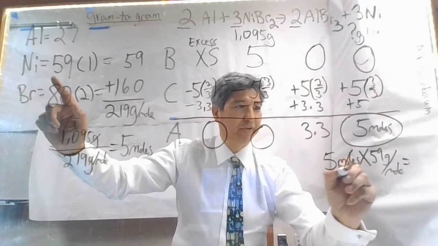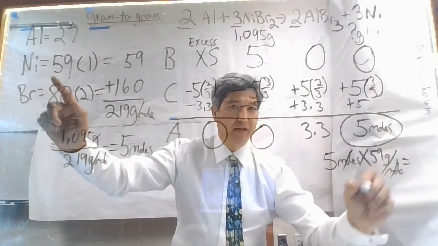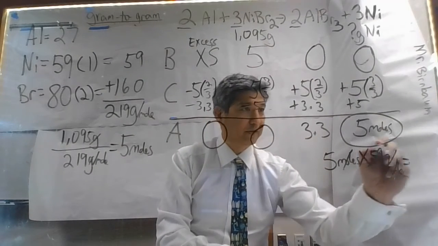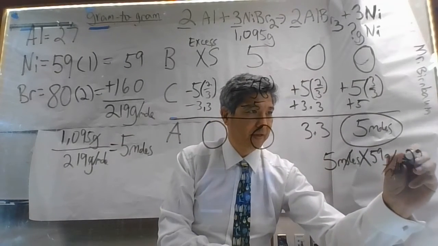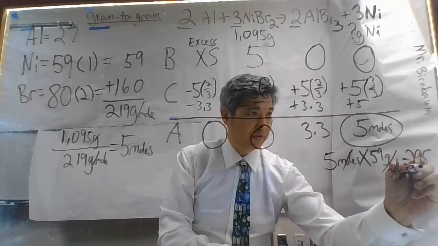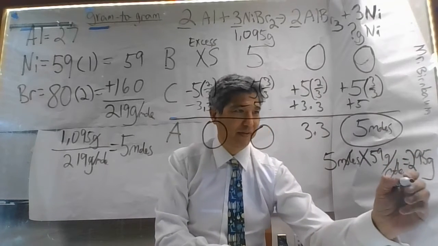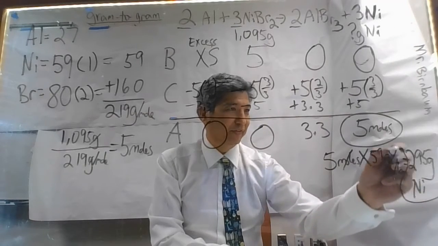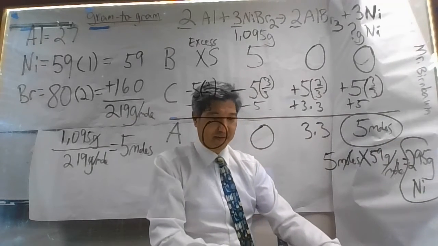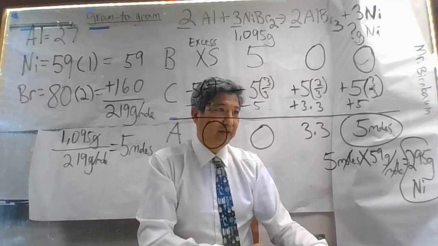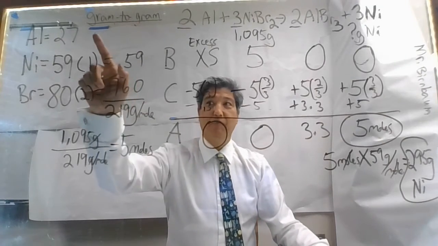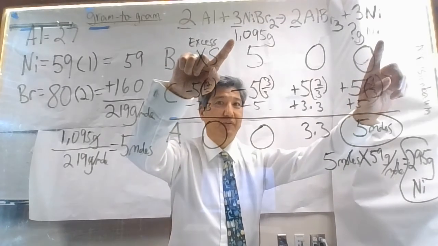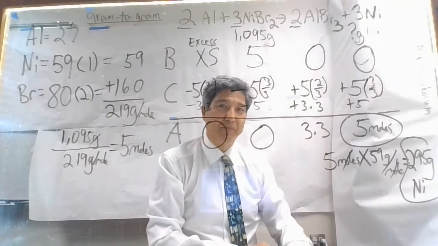My moles are going to cancel. When I multiply this out, I'm going to get 295 grams of nickel. So this will be my final answer right there. This is how you convert from grams to grams. We're given grams of one substance, and we solve for grams of another substance.